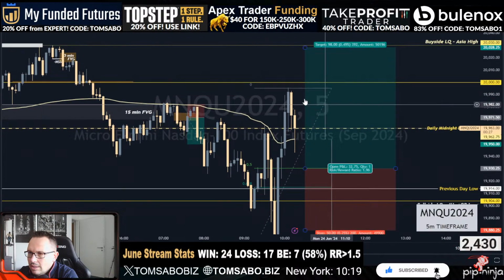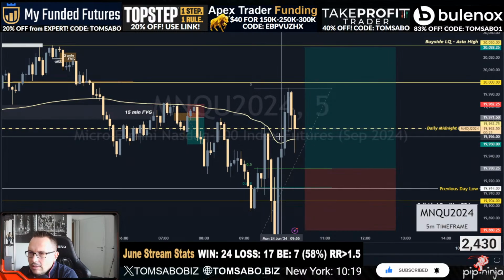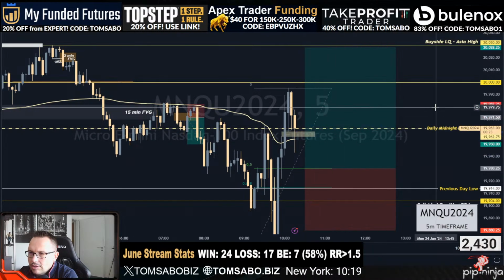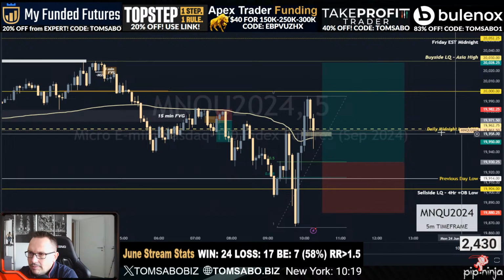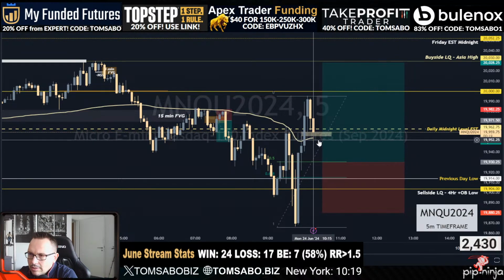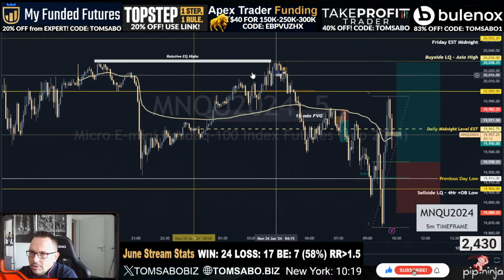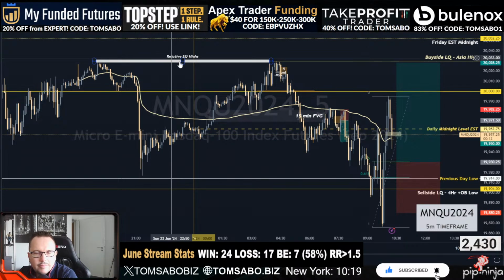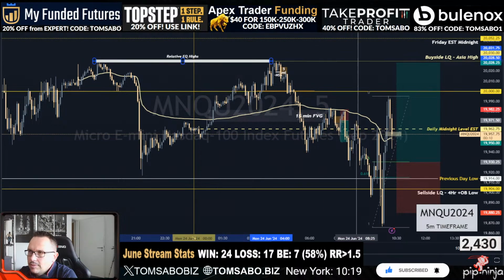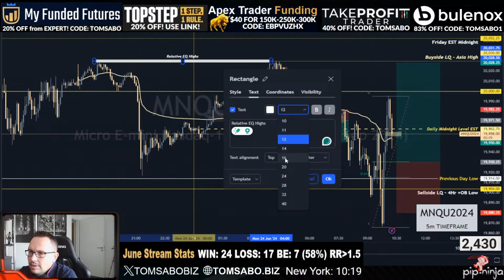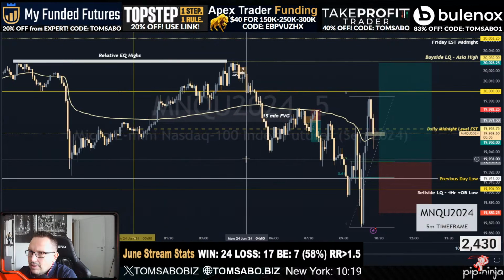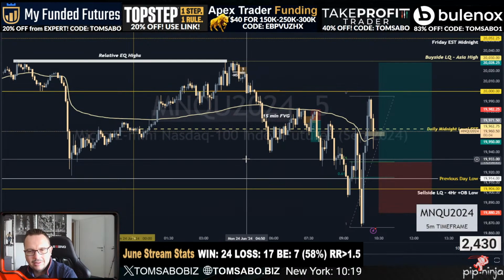So if we see it a little bit closer here, Nasdaq actually repriced that gap. Could this be enough for Nasdaq to go to those relative equal highs up there? I don't know. Could this go?